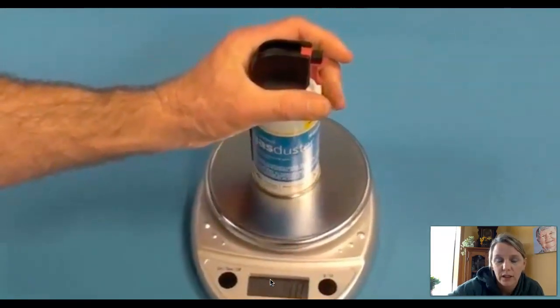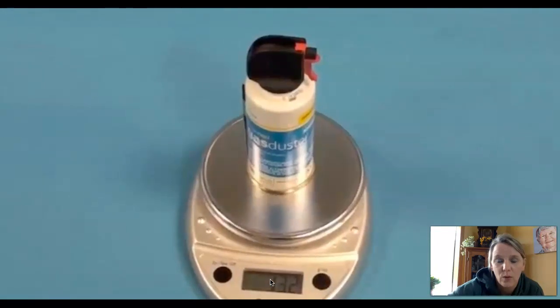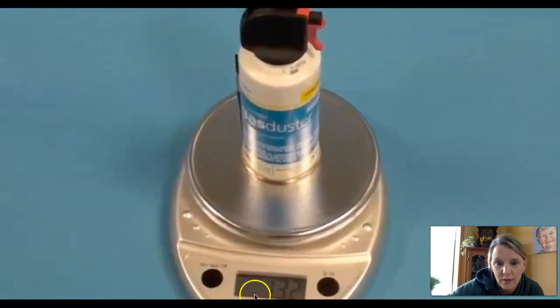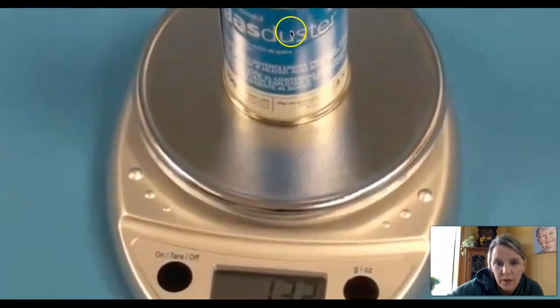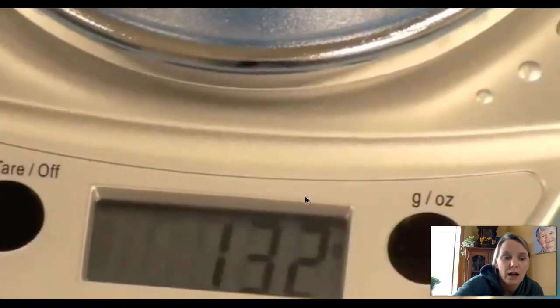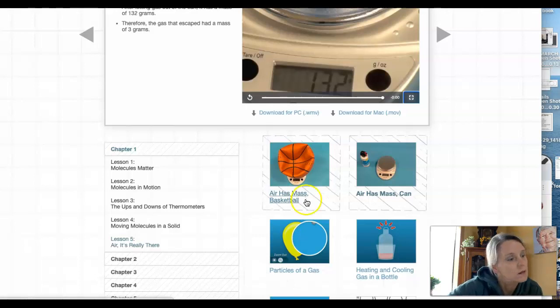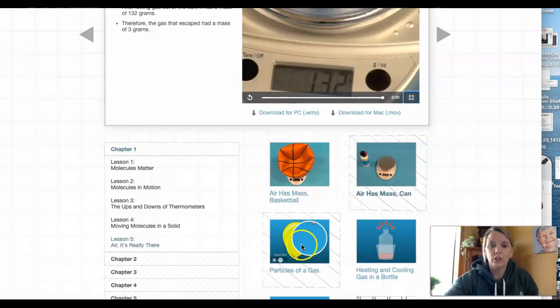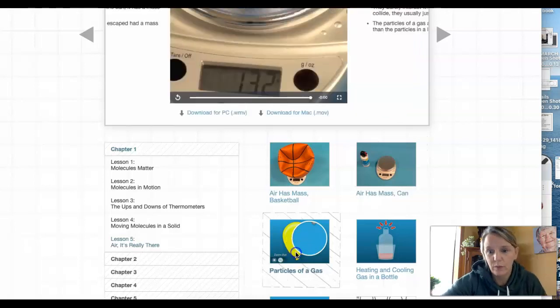And then he's measuring it again, and you'll notice that it weighs less, okay? So we took some of this mass out of the can by taking some of the air out of the can. All right? Now we're going to look at the particles of gas inside of a balloon.